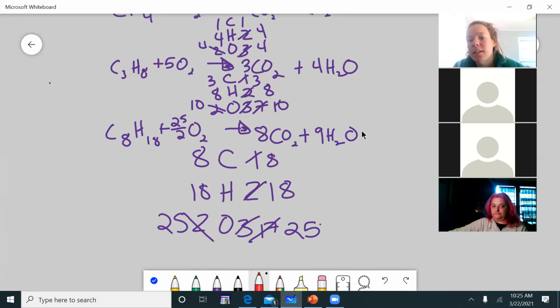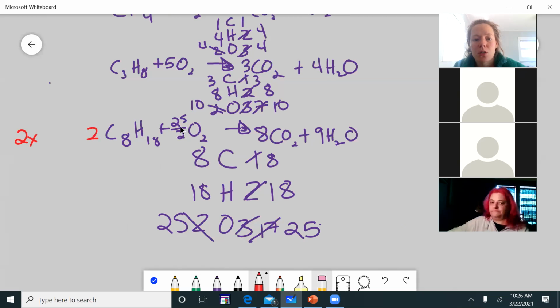So what do I need to multiply everything in this equation by? If I multiply everything by 2, that will get rid of the 2 here, right? So what is your coefficient on the first guy? It becomes a 2. So this becomes a 2.